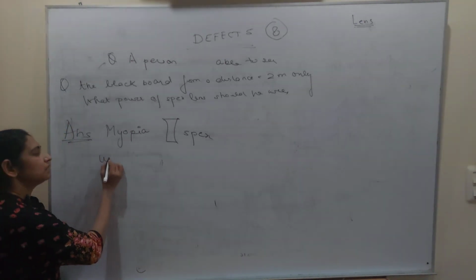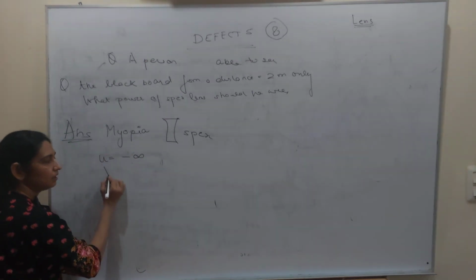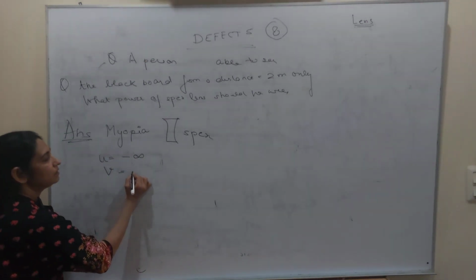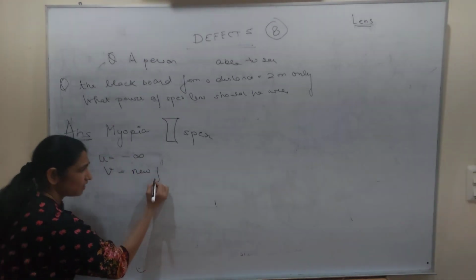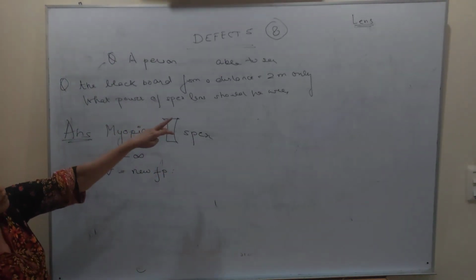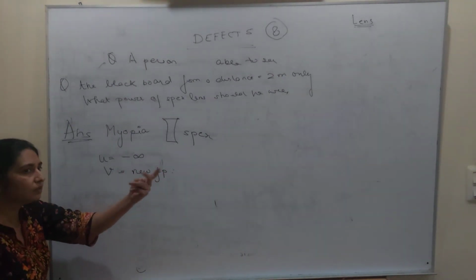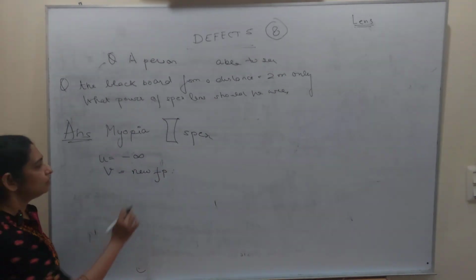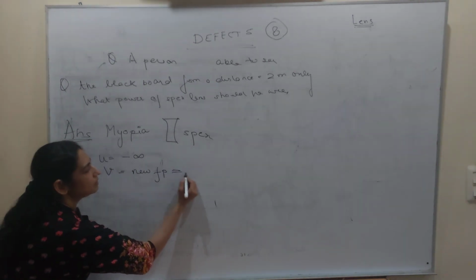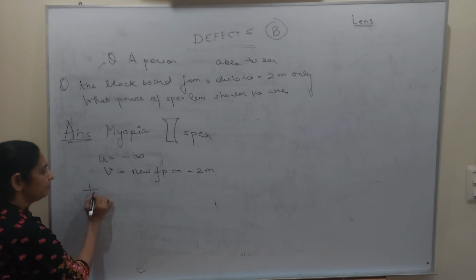Once we know this, we know the other details. The object is at minus infinity. What is v? It is the new far point, which is he can see clearly only from 2 meters. If the object goes to 3 meters, he will not be able to see it. So the new far point is minus 2 meters. Let's calculate f.